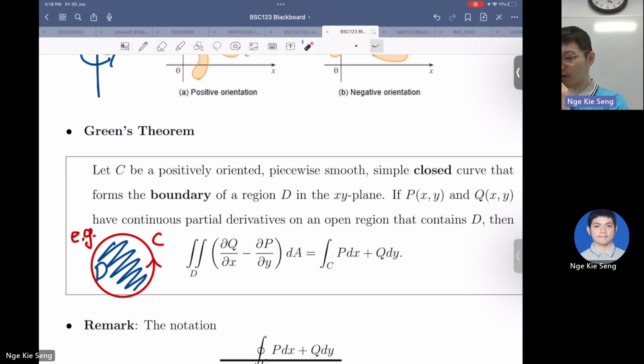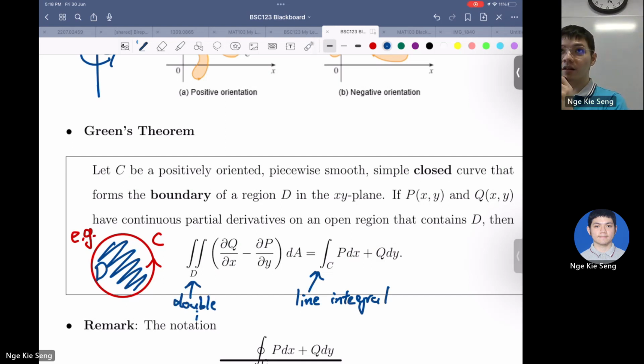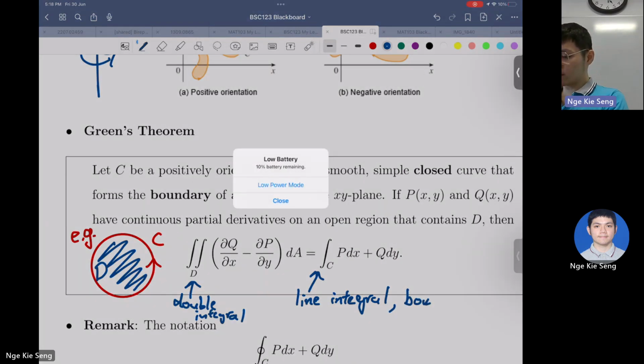So there are a few things to note here. Here is a line integral. We are relating a line integral with a double integral. How about the domain? The domain here is a boundary.